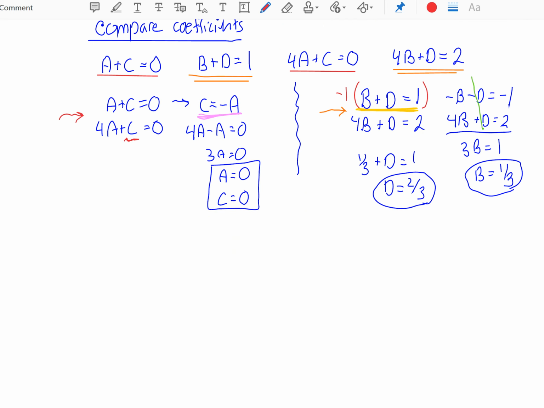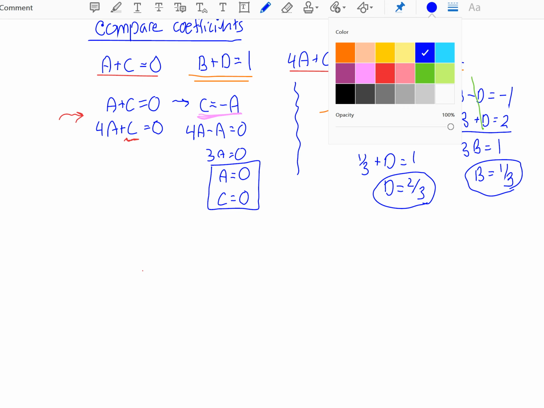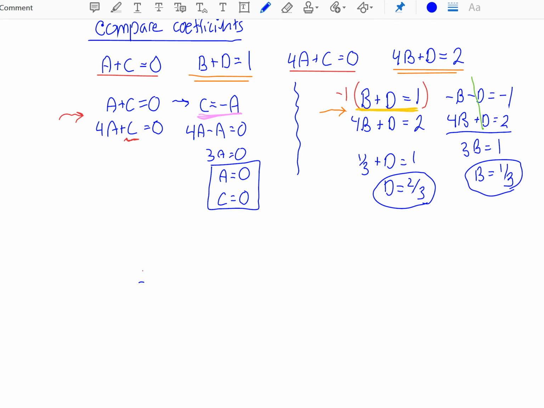So this now allows us to write our solution for y of t as the inverse Laplace transform of 1/3 over s squared plus 1 plus 2/3 over s squared plus 2.